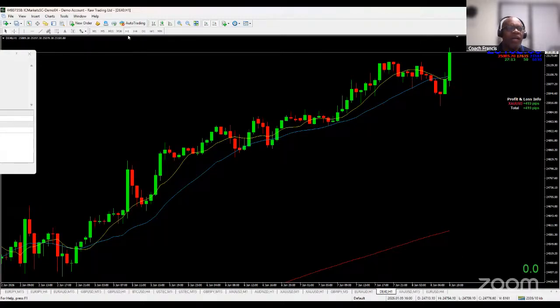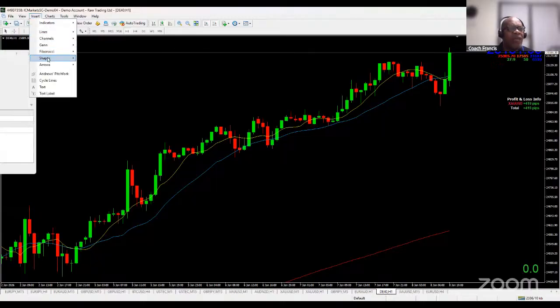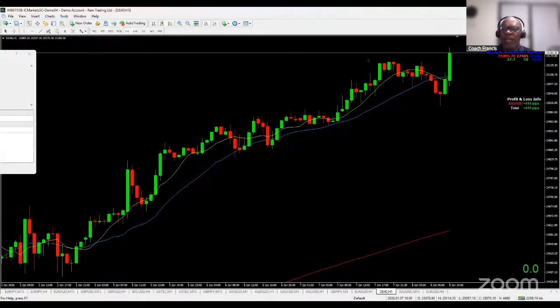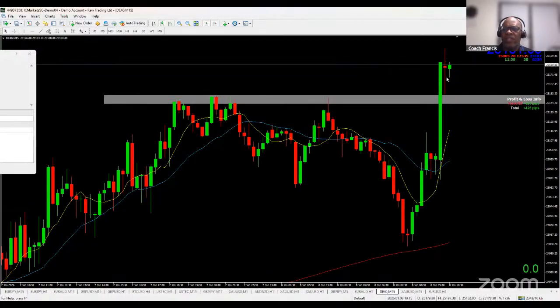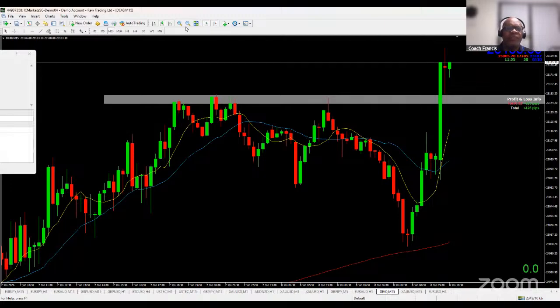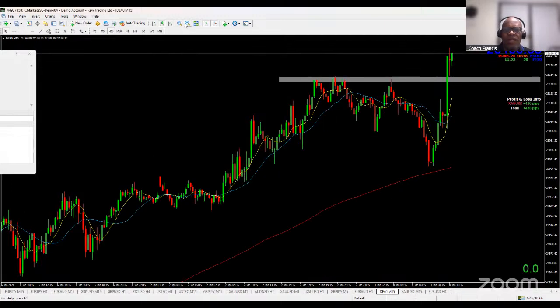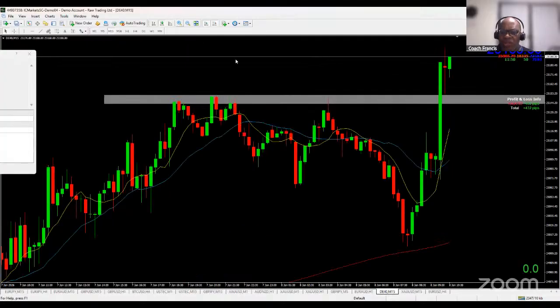It might pull back. Let me just mark out an area here. So that's some sort of support there. Guys, we're going to decide soon if we're going to jump in this trade.